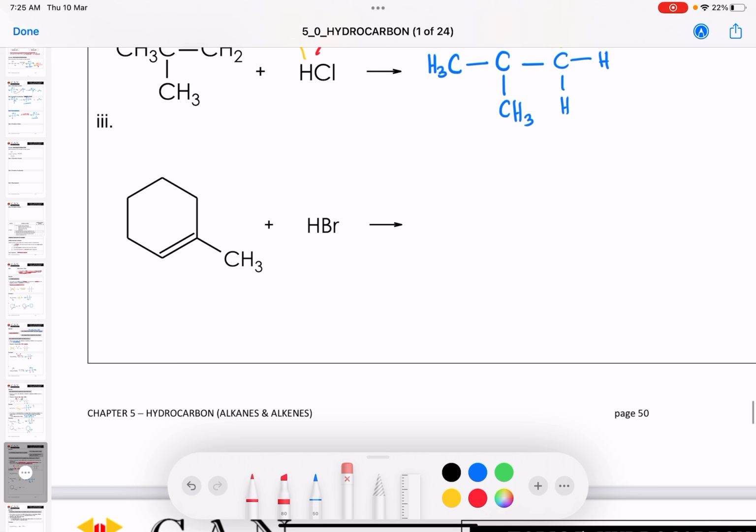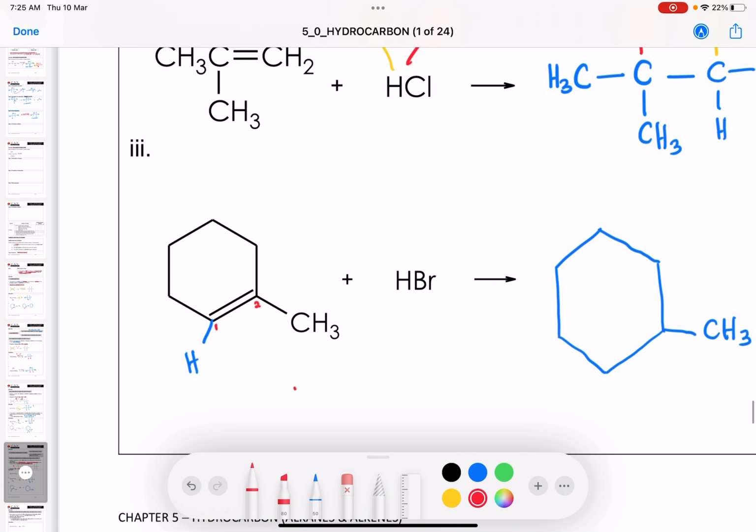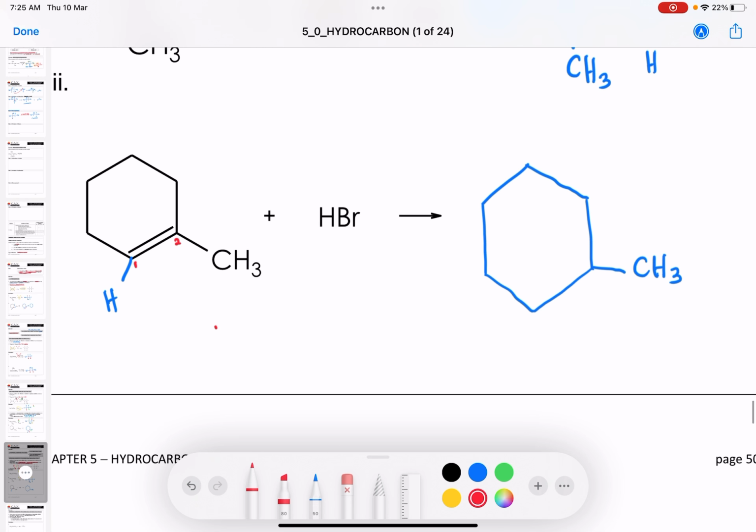And for number 3, here CH3. So actually we have 1 H here. If we say this is carbon number 1 and this is carbon number 2, we can see that carbon number 1 has more hydrogen.